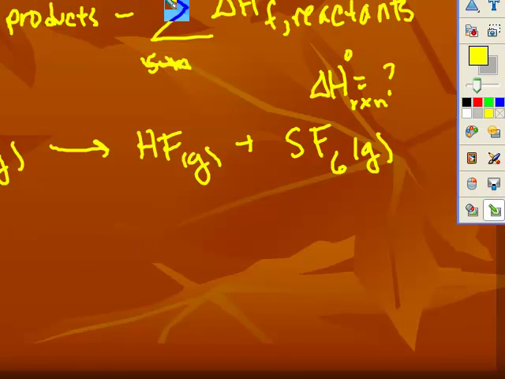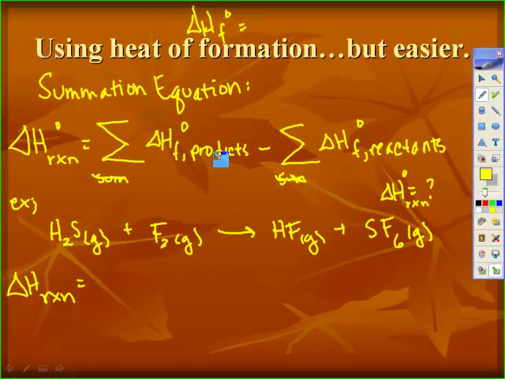So according to the summation equation, if I have my table of delta H values of formation, and there's one on here for all the compounds, I can do this easily. So my delta H of this reaction is going to take into account the delta H of formation for my products and my delta H of formation for my reactants. And before I can do that, just want to make sure that this is balanced, which is clearly not, just by what I'm looking at here. So I'm going to need a 2 there and a 4 there.